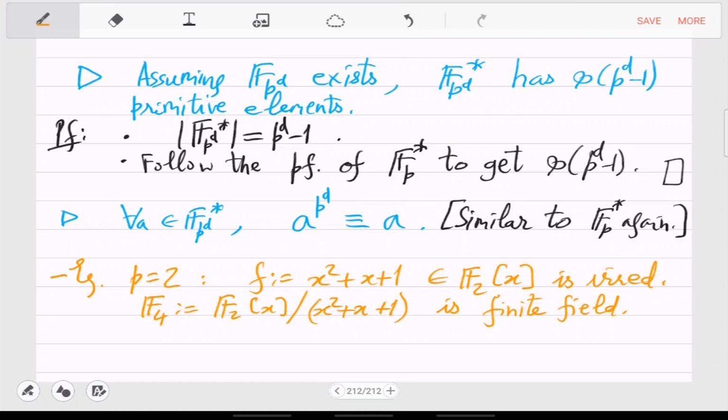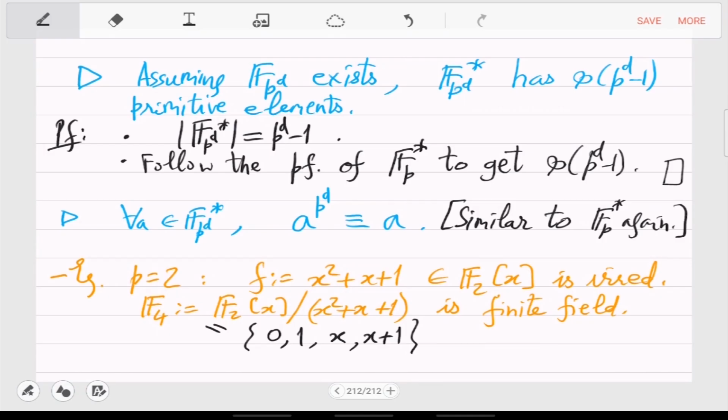The polynomial arithmetic modulo x square plus x plus 1 gives you how many elements? 4 elements, right? So this is 0, 1 is there because of F2. What else is there? x is also there and x plus 1 is there. There are only 4 elements. Obviously, you can add any two and get a third one, and you can multiply any two.